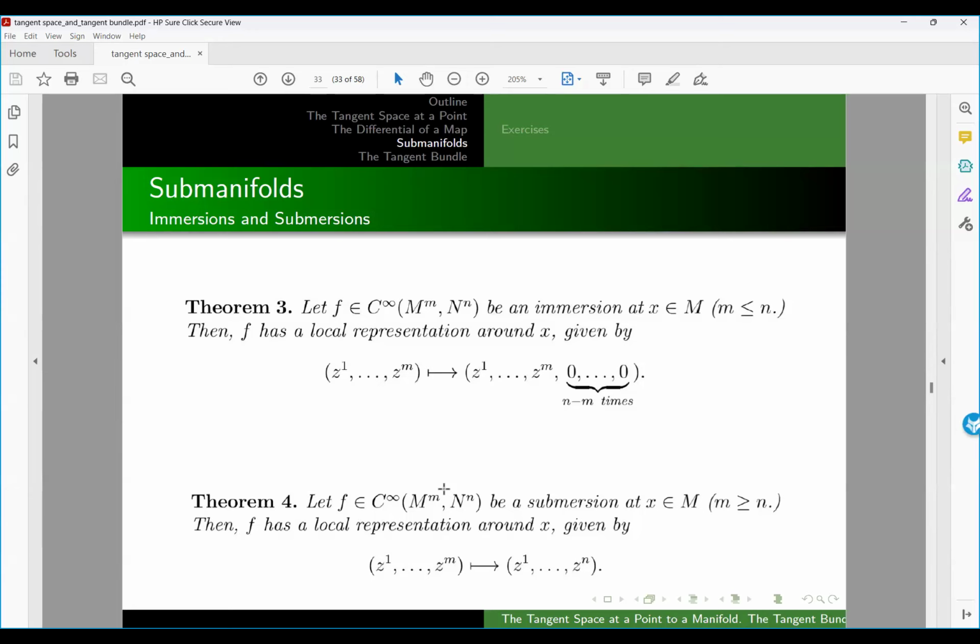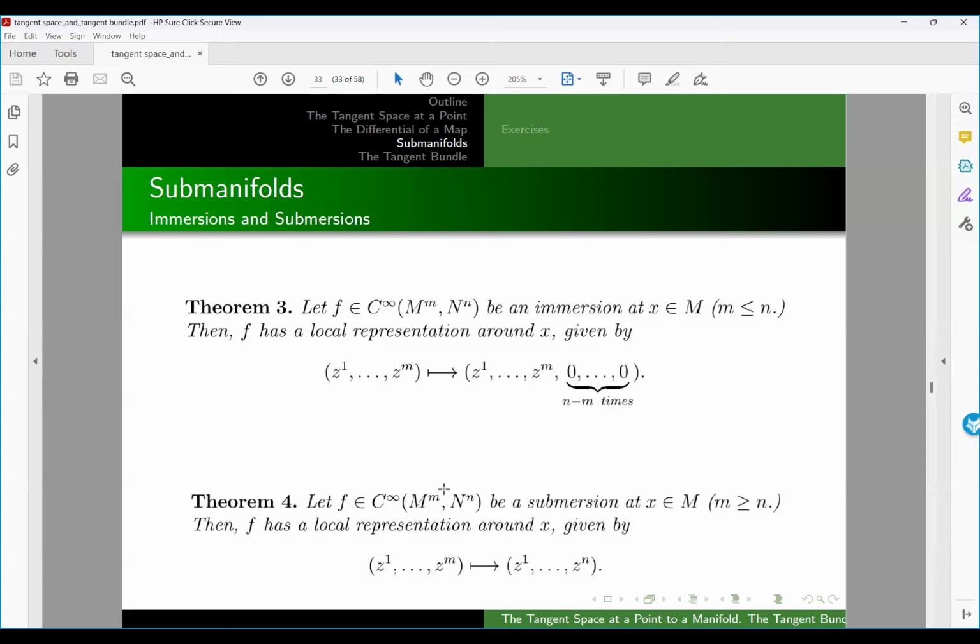So the rank is m, right? So when you write, if you want, the matrix here, then what you get is the identity matrix of size m, of dimension m, and 0 at the bottom. Also, when you have a submersion at the point x, then you can find the local representation for this function, which looks like this.